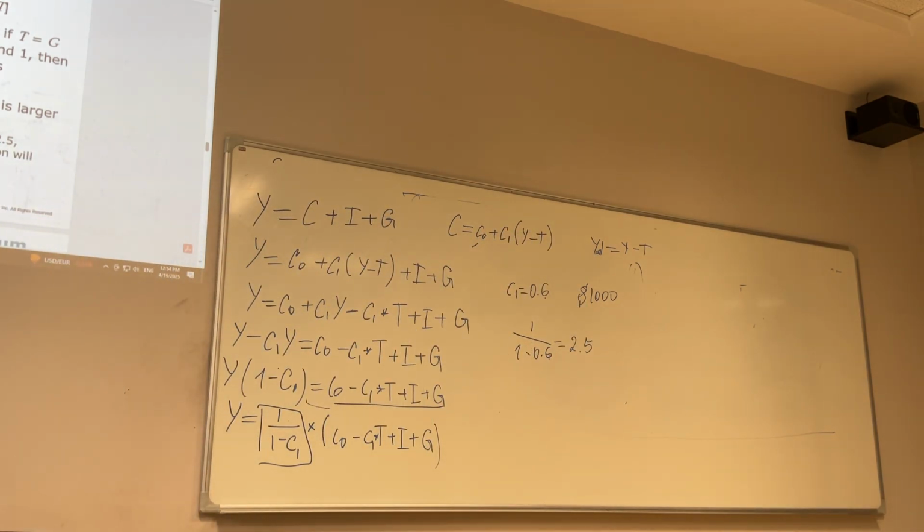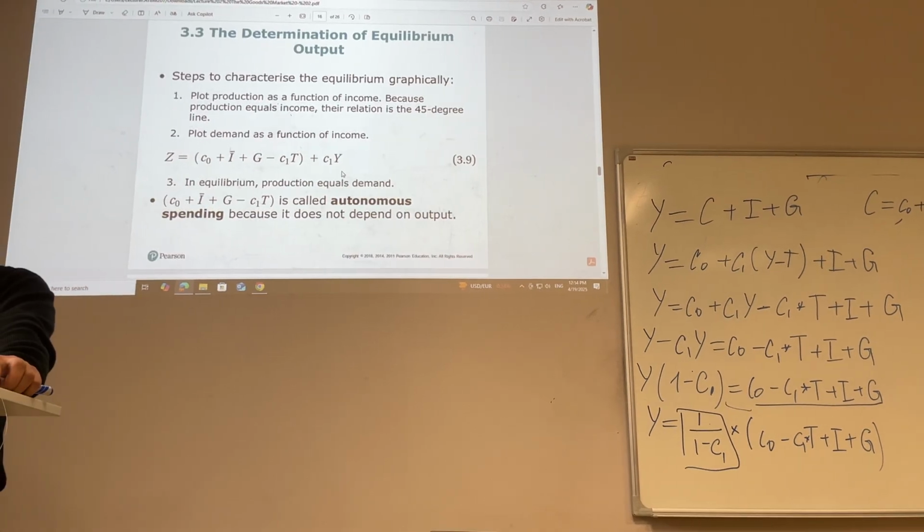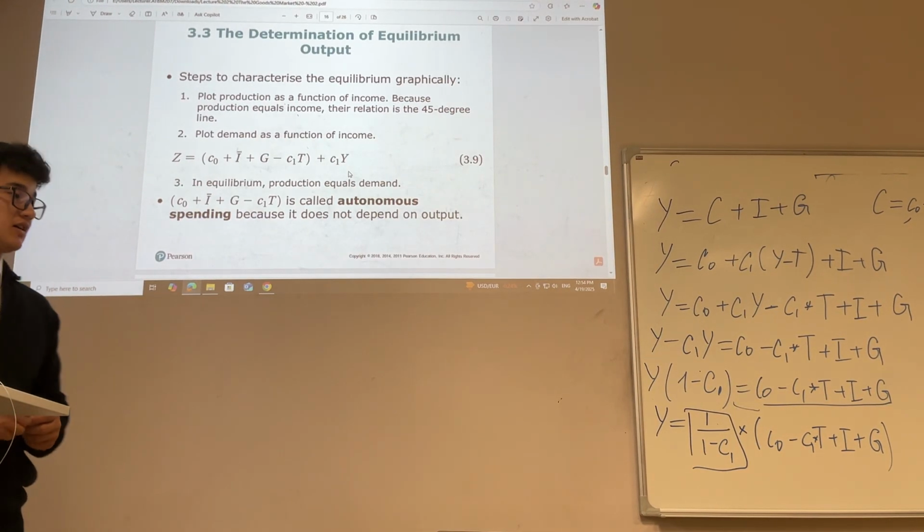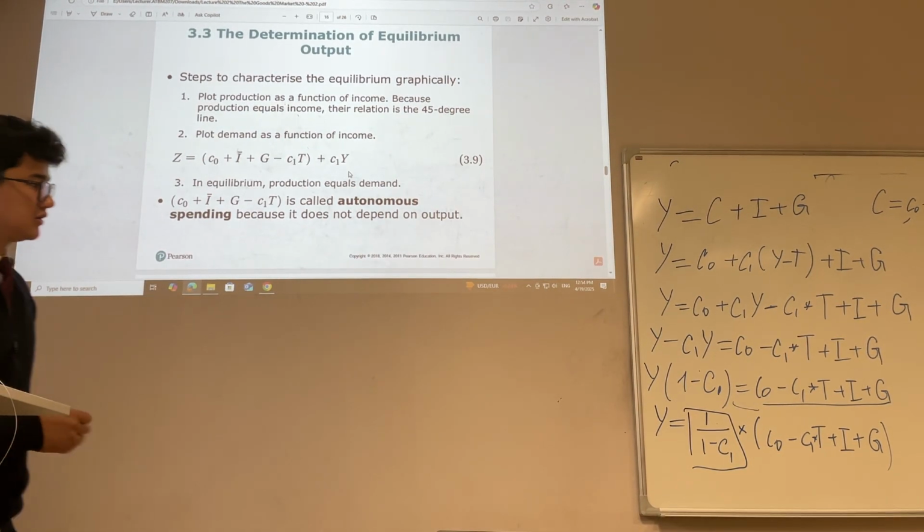They also do it like this. It's the same for government spending, for investment, for all the stuff. Also, autonomous spending means that it doesn't depend on our output.